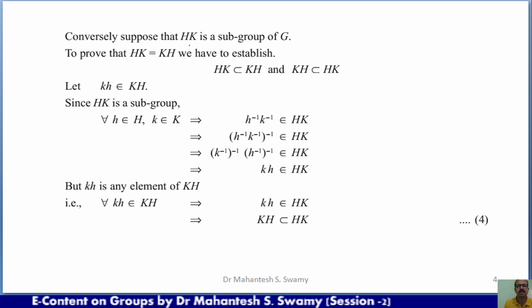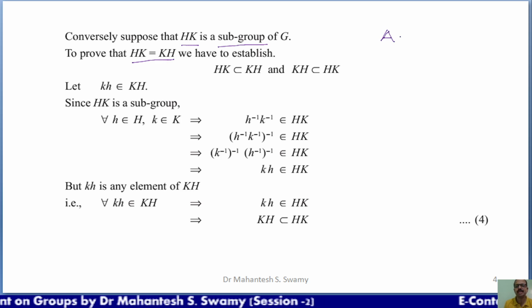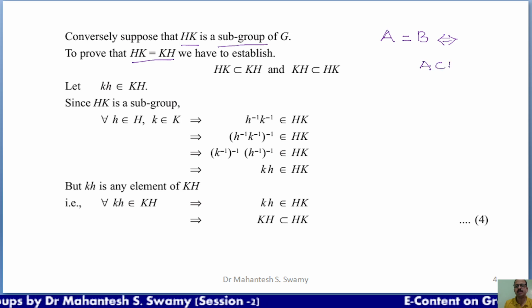Conversely, suppose that HK is a subgroup and now we have to establish the result HK equal to KH. So as I have told you already, whenever we want to show that a set A is equal to another set B, what we have to prove? We have to prove that A is a subset of B and B is a subset of A.